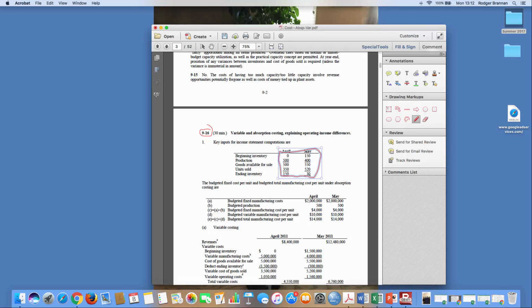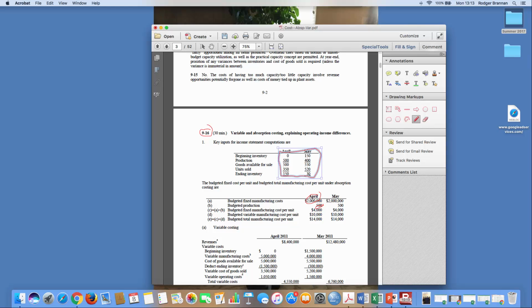Now, the budgeted fixed manufacturing cost is $2 million. Likewise, the assumption, my budgeted rate here, is to take the 2 million divided by 500. That's my normal budget. So I'm going to budget $4,000. In other words, this is going to become my predetermined application rate for fixed manufacturing overhead, 4,000 per car.